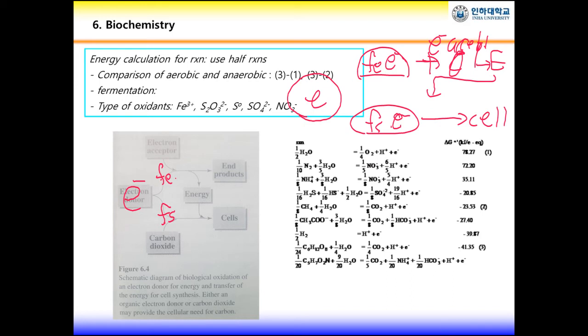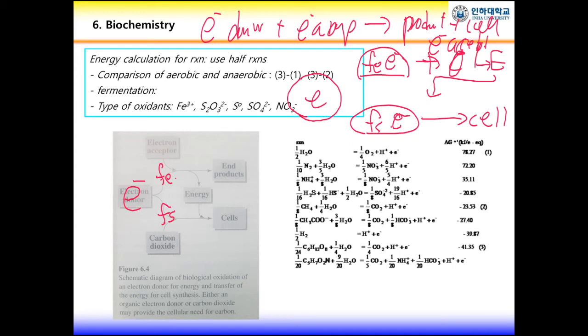If we have this concept, then we can write the electron donor plus electron acceptor going to the end product plus cells. So we'll practice this in a later class, later section.